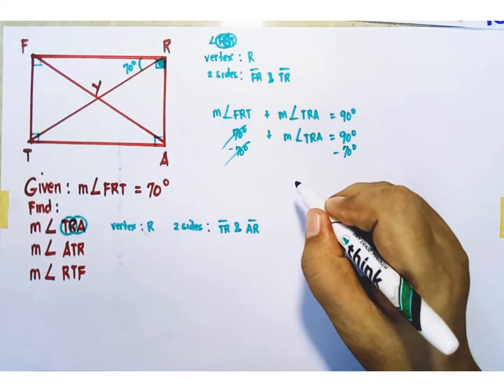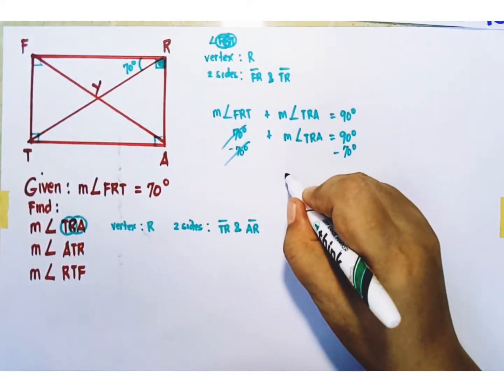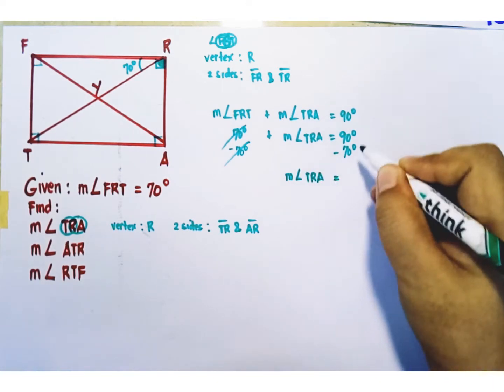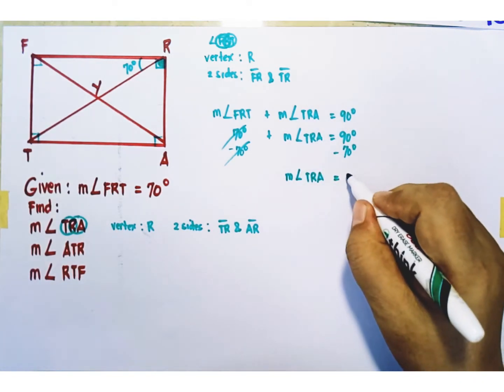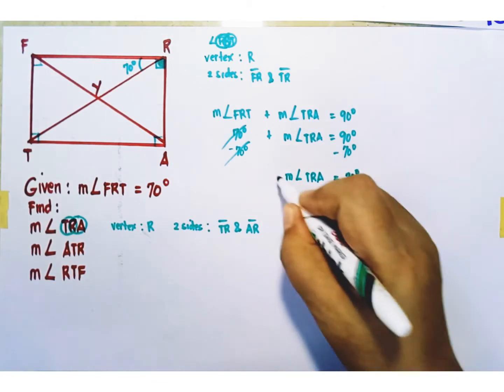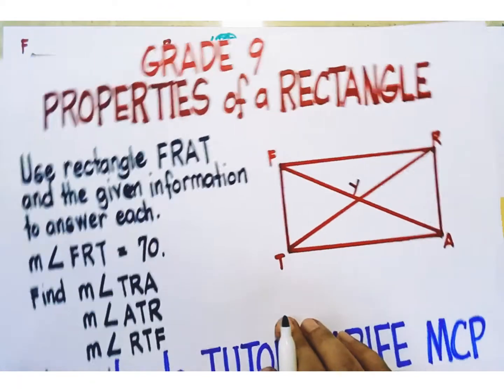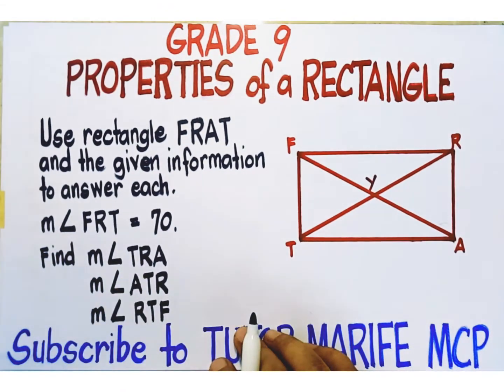Measure of angle TRA, which is the unknown, is isolated on the left side of the equation, and its value is 90 minus 70, or 20 degrees. We are done with the first indicated angle. Measure of angle TRA equals 20 degrees.